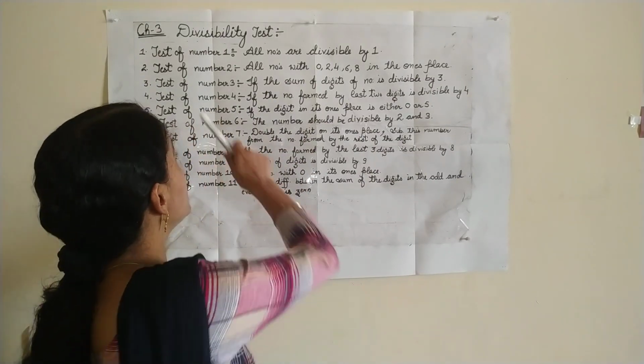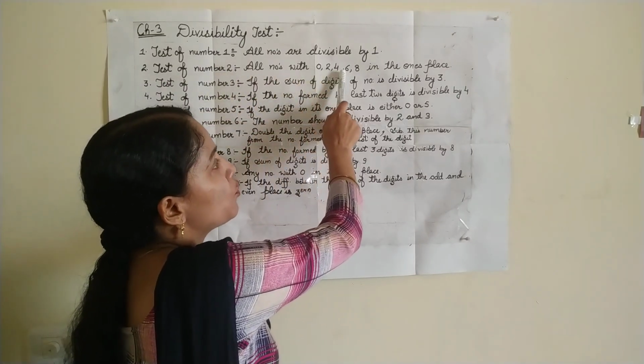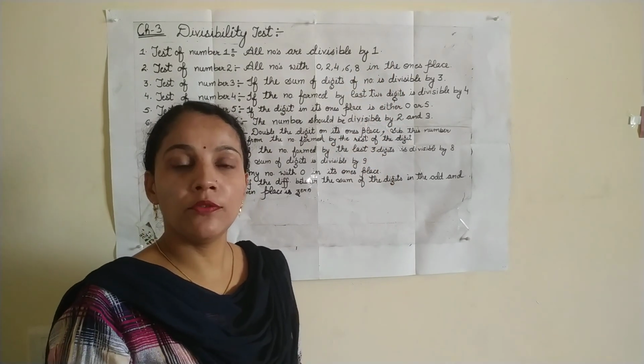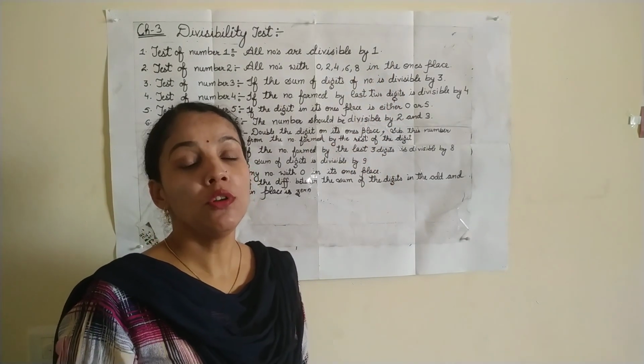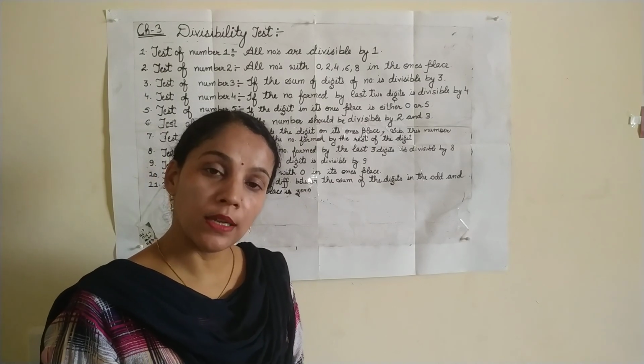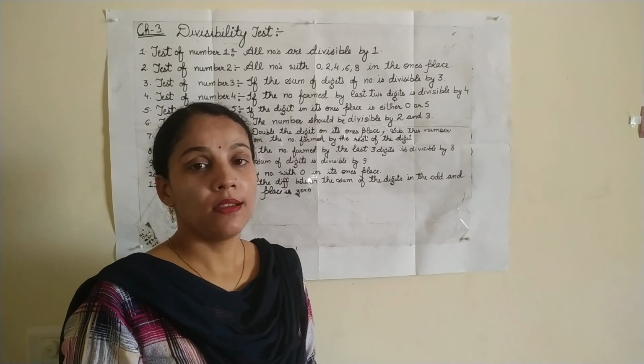Then the second one is the test of number 2. All numbers with 0, 2, 4, 6, 8 in the ones place. Any number whose ones place digit is even is divisible by 2.